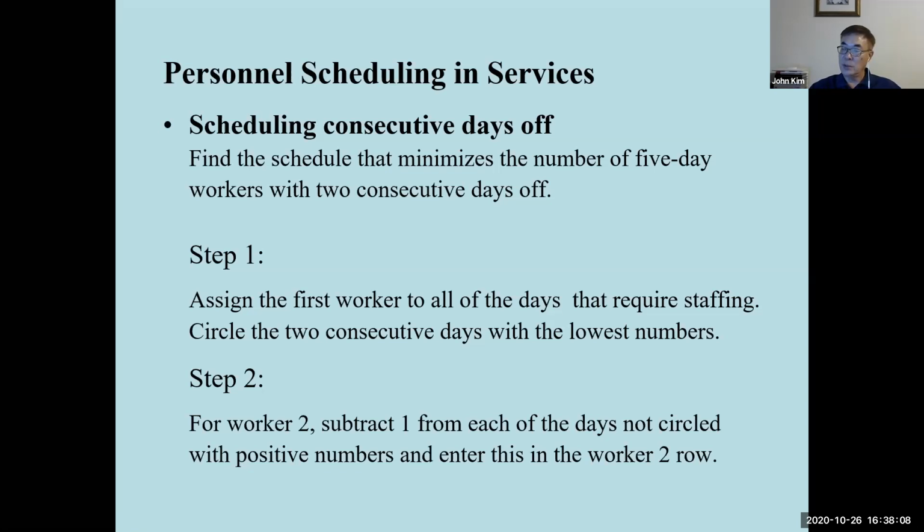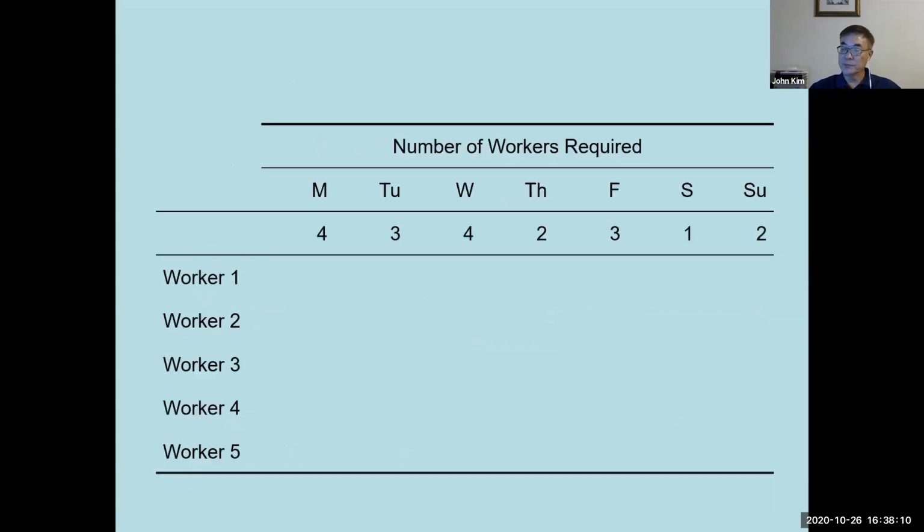Let me explain this one with an example. If this business needs 4 workers on Monday, 3 workers on Tuesday, 4 on Wednesday, 2 on Thursday, 3 on Friday, 1 on Saturday, 2 on Sunday.